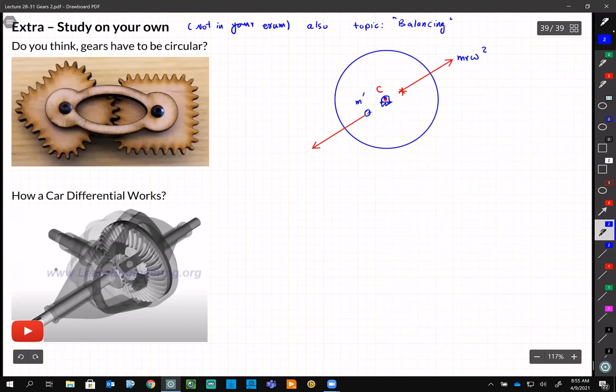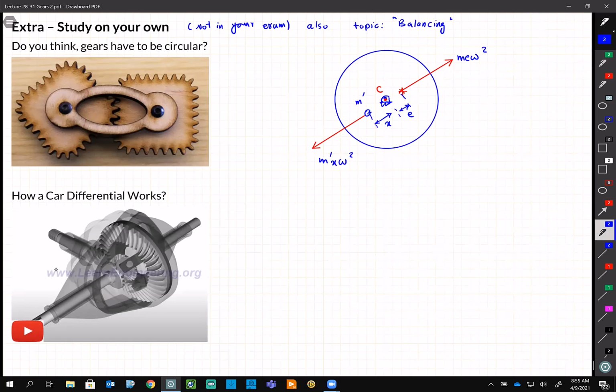But depends, of course, where we need to put it. This distance is e. And then you decide for an x here and m prime x omega square. So this is what people do for balancing.